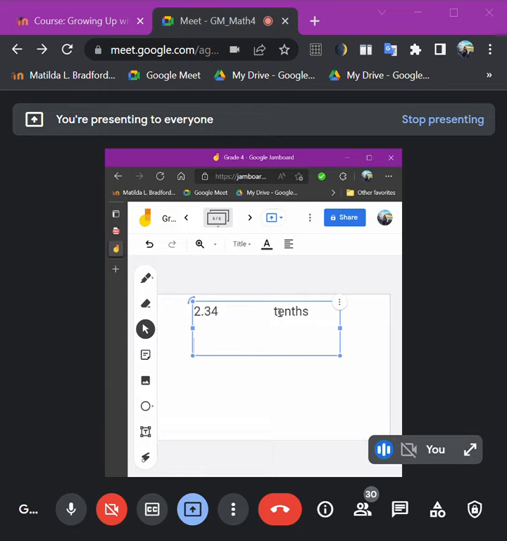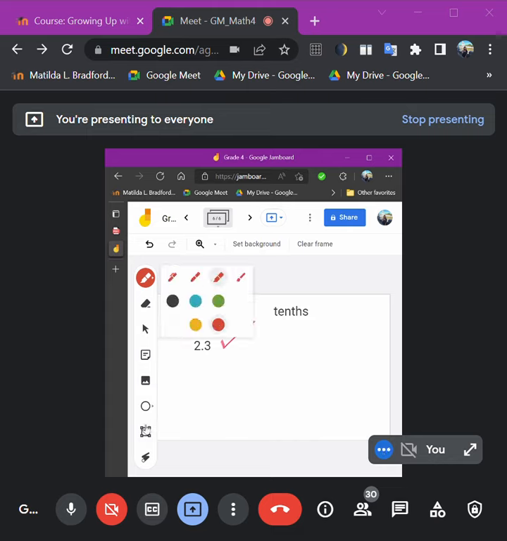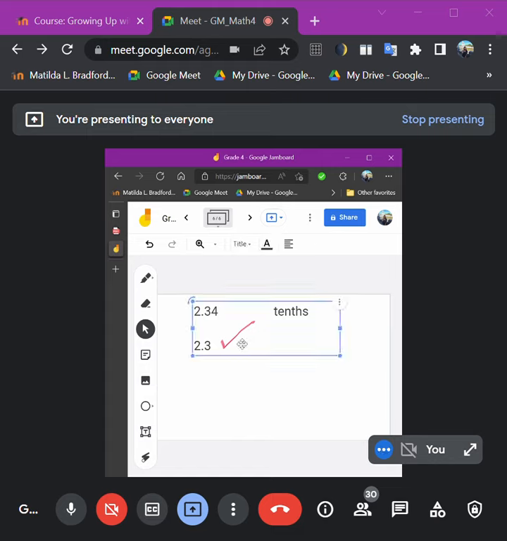You can write your answer, or we can read it as a whole number and decimals. What would be the answer here? 2 and 3 tenths. Okay, you have 2 and 3 tenths, and that is correct. Very good. Any questions for this, class? No? Okay.